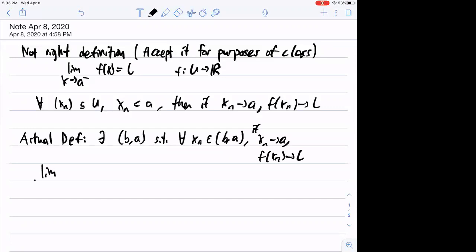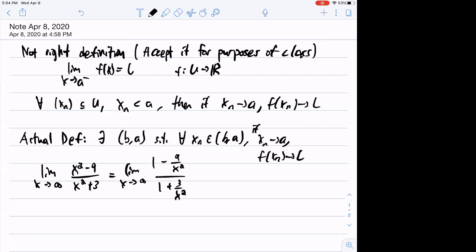So if you consider this, right? I didn't really go over limits to infinity yet, but you can think of infinity as a left-hand limit. You can only approach infinity from the left. You can't approach it from the right because nothing is really bigger than infinity. So intuitively, you want to do this, divide out by x squared, right?